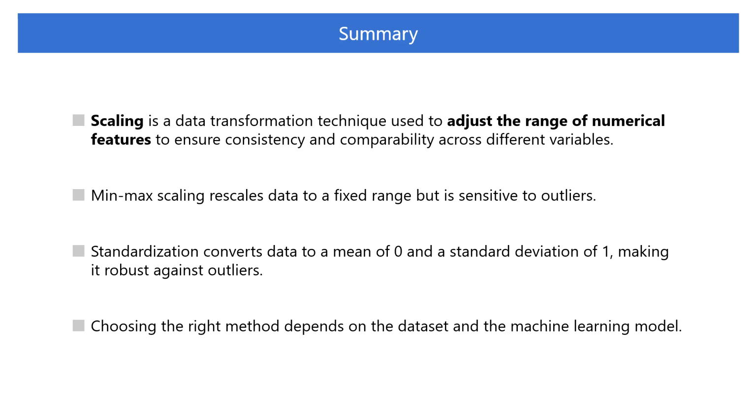Min-max scaling rescales data to a fixed range, but it is sensitive to outliers. Standardization converts data to a mean of 0 and a standard deviation of 1, making it robust against outliers. Choosing the right method depends on the dataset and machine learning model.